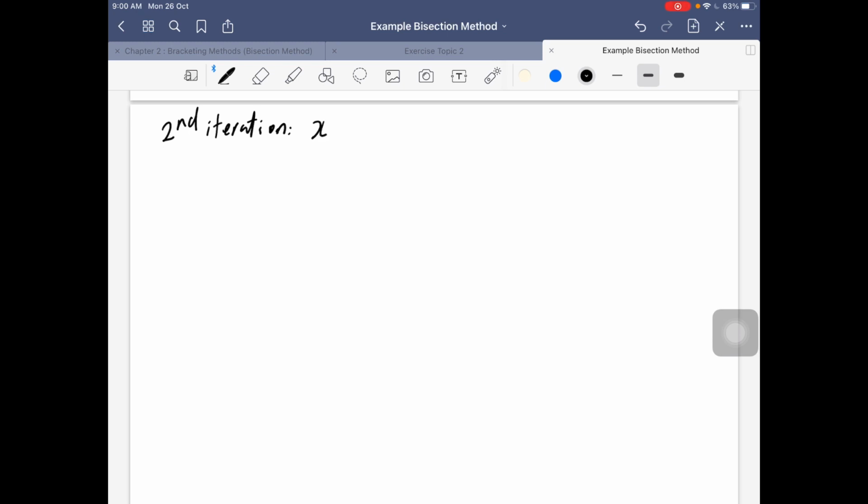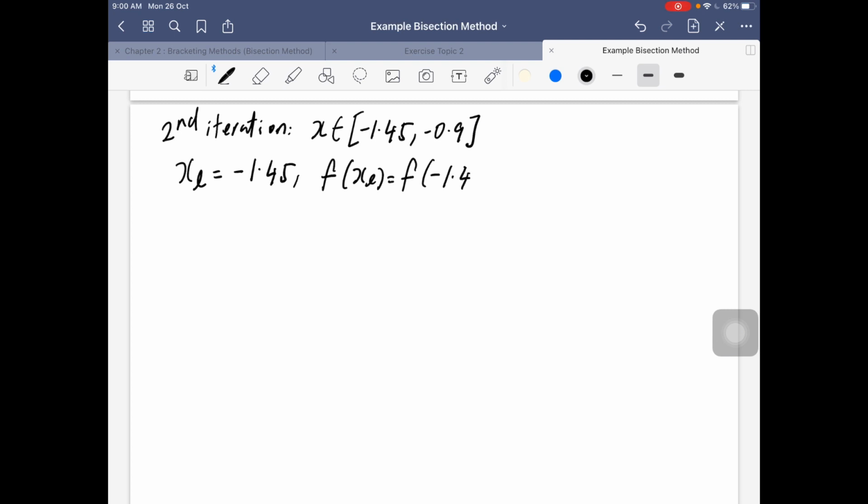Okay, so now this is our interval. X is between negative 1.45 and negative 0.9. So we know that our new lower value is negative 1.45, and then FXL equals F of negative 1.45.